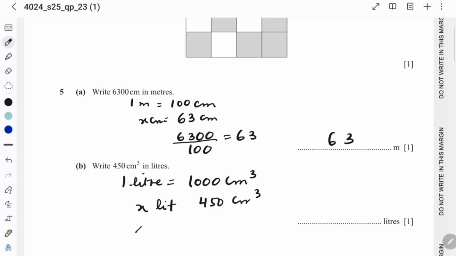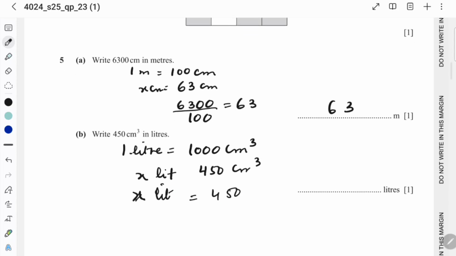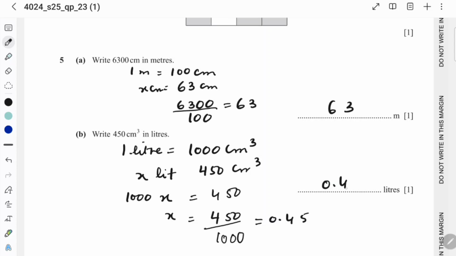If you simply cross multiply, 1000 times x equals 450, then x will be equal to 450 divided by 1000, and we know that is equal to 0.45 liters.